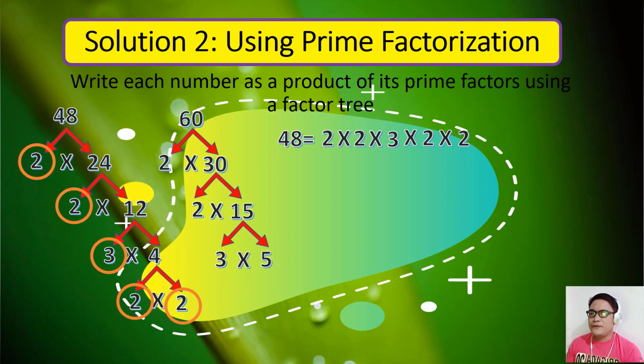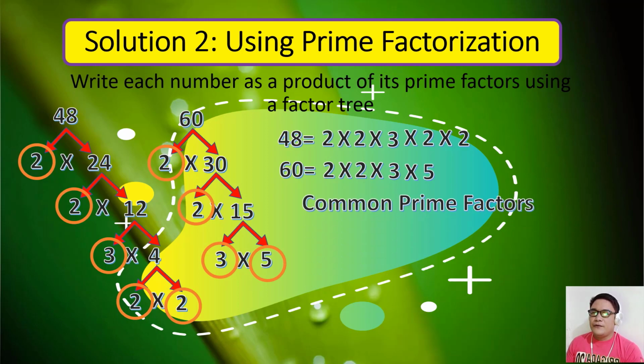So 3 times 5 equals 15. Then write all the prime factors of 60. We have 2, 2, 3, and 5.